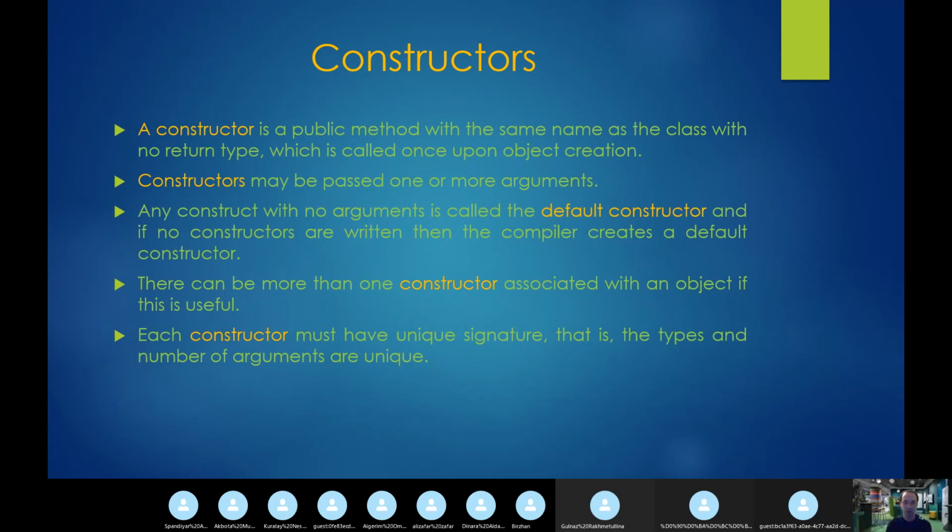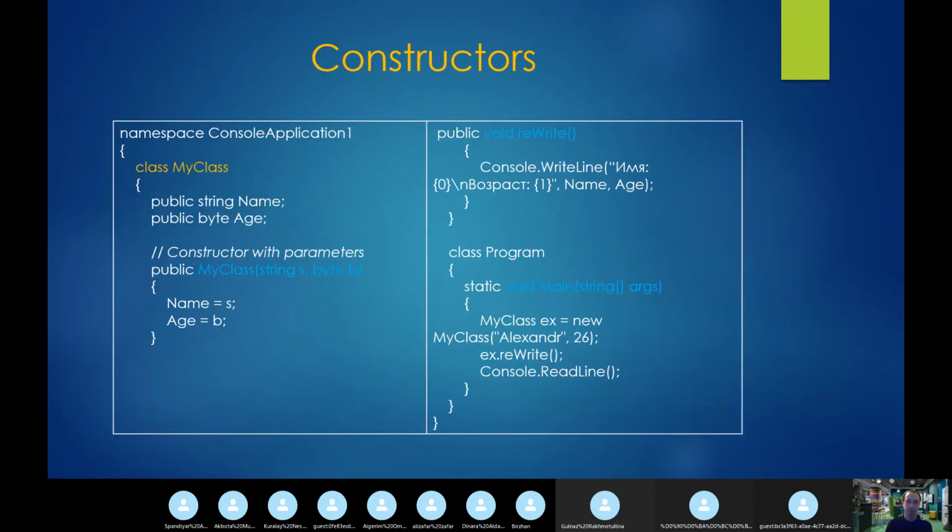Each constructor must have a unique signature, and so it means that it must have unique types and a unique number of arguments. On the left side you see the creation of the class, my class. Here you have the field name and field age, so these are the fields.